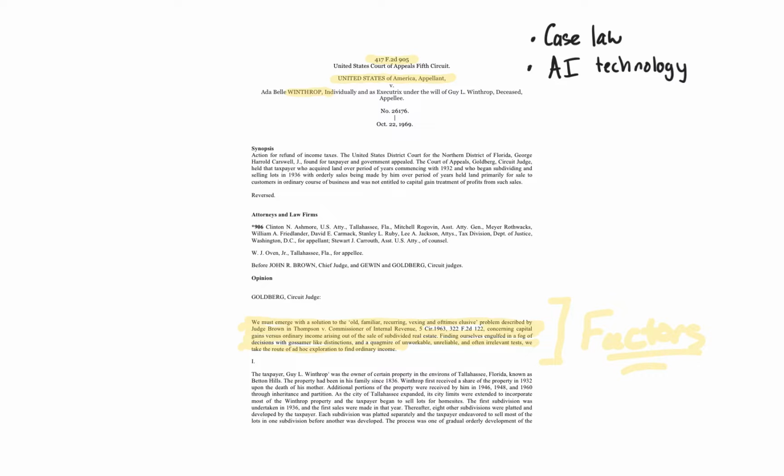Let's go into this in more depth, and we're going to see that. So we're first given some facts. So it's starting off now in the first part of the opinion, and we're getting into the facts now. "The taxpayer, Guy Winthrop, was the owner of certain property in the environs of Tallahassee, Florida, known as Benton Hills."